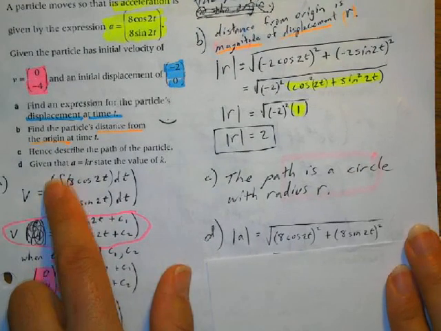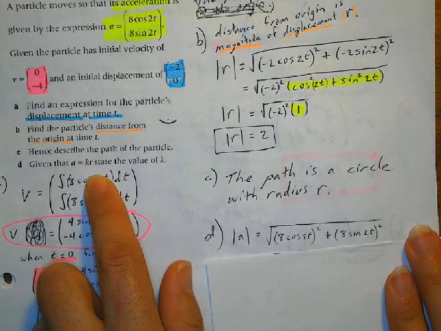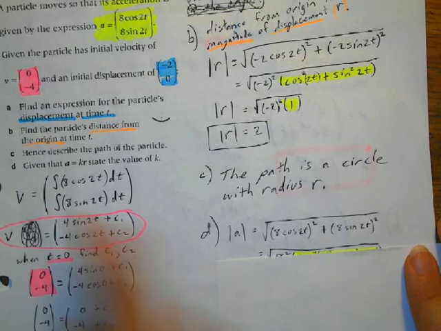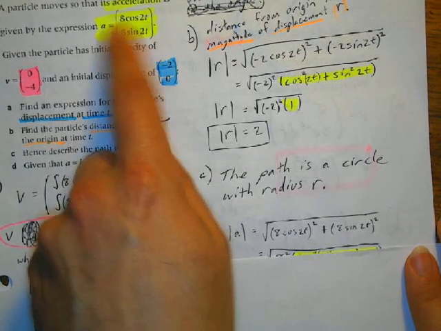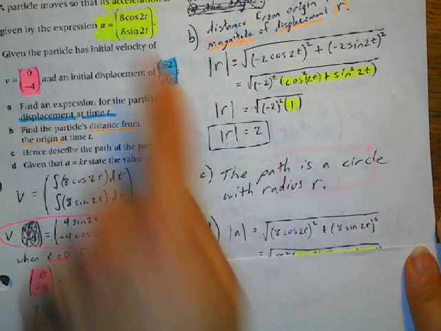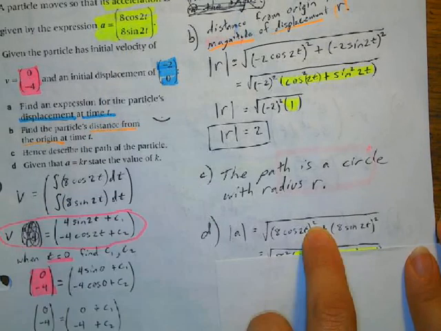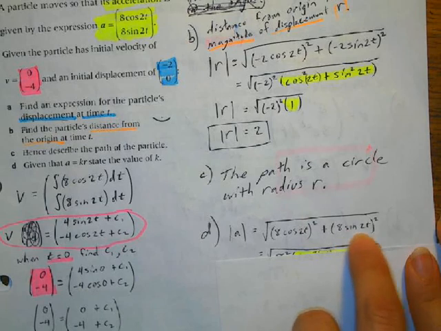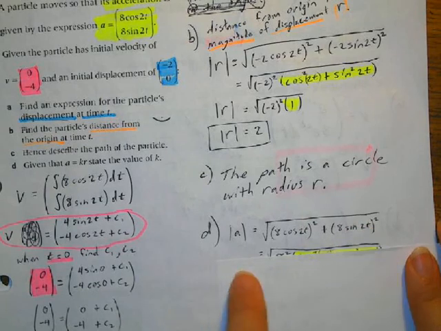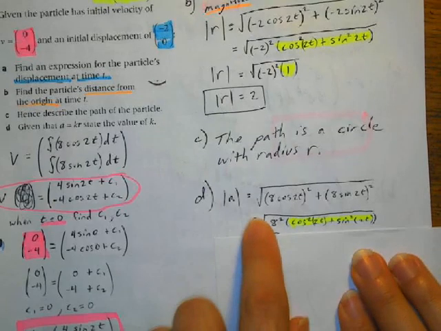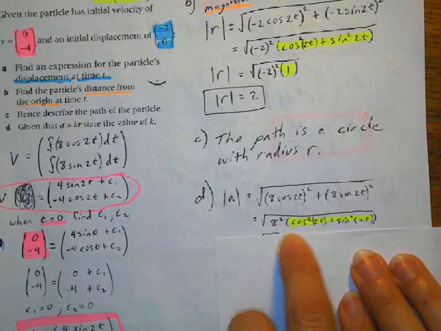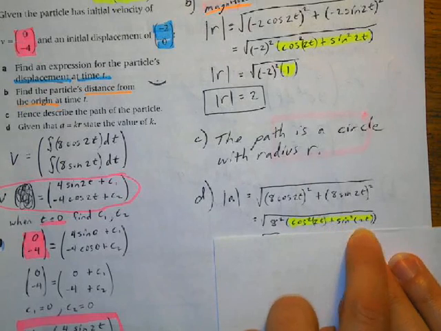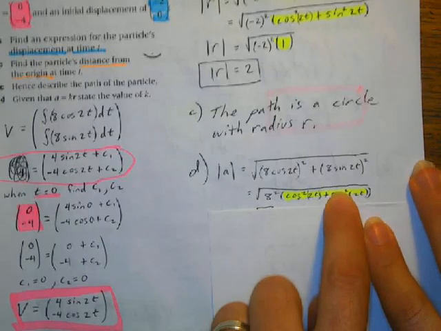Question D. Given that A equals KR, state the value of K. Okay, so the magnitude of A, of this guy here, I take the square root of 8 cosine 2t squared plus 8 sine 2t quantity squared. I can factor out the 8 squared, and I'm left with cosine squared 2t plus sine squared 2t, and as we said before, that's equal to 1.